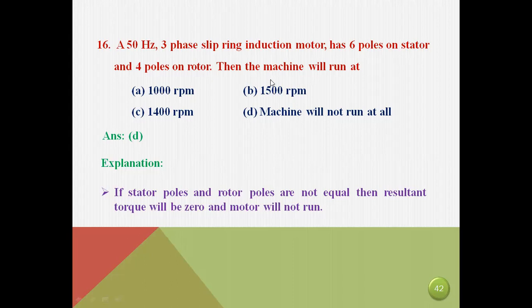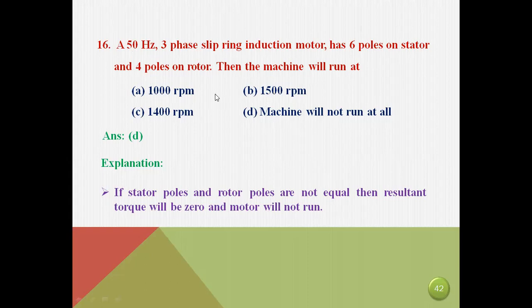You guys will get confused, because if they are giving 4 poles here, how will you calculate? You can directly calculate ns equal to 120 f upon p, 120 into 50 upon 4. If you solve, you will get 1500. And if you solve 120 into 50 upon 6, you will get another answer.